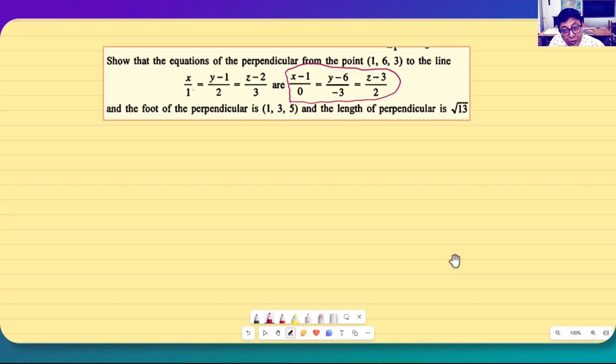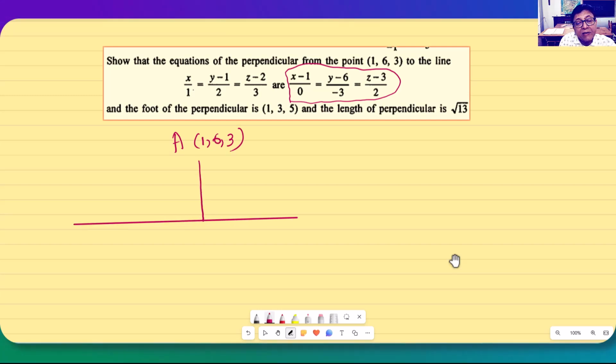So this is going to be another advantage of getting the foot of perpendicular. From where to where? From the point A(1, 6, 3) to the line whose equation is given here. That line is x minus 0 by 1, y minus 1 by 2 and z minus 2 by 3.